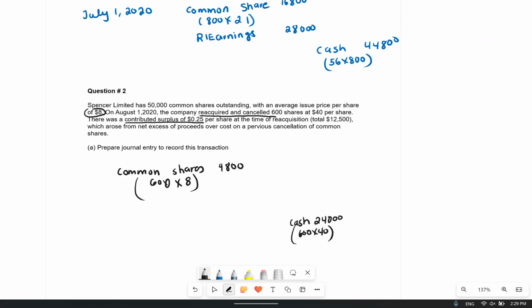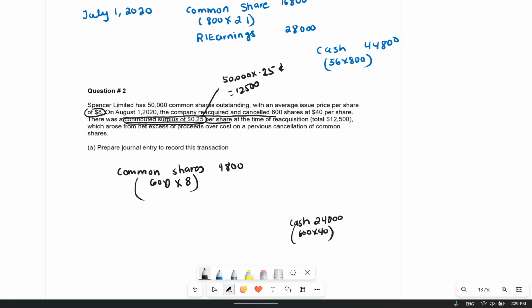Going further, they said there was a contributed surplus of 25 cents per share at the time of reacquisition, which was 12,500. How did they calculate it? We had 50,000 shares, multiplied by 25 cents, gives you 12,500. That's in my contributed surplus.